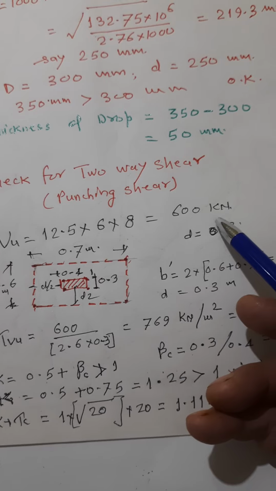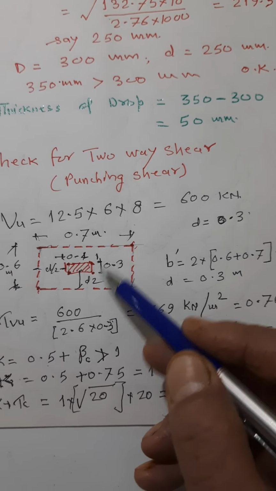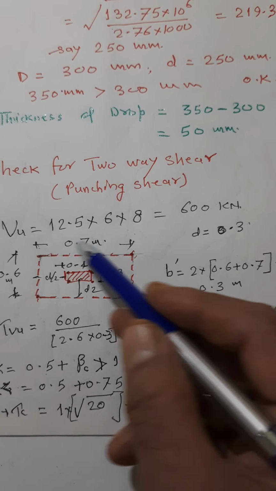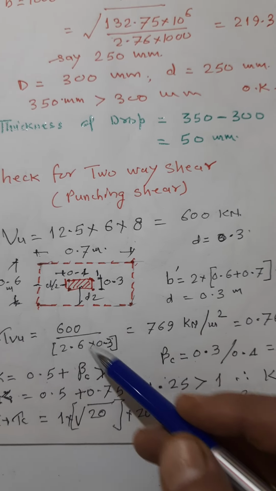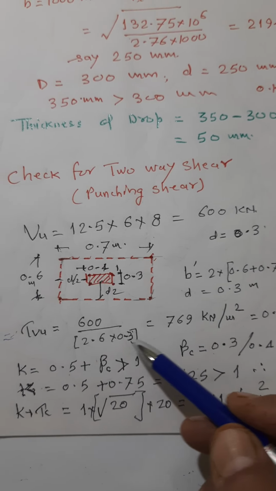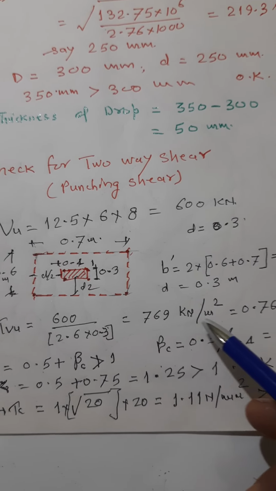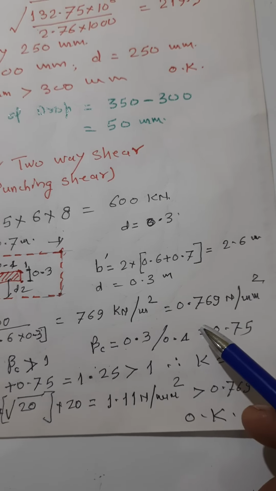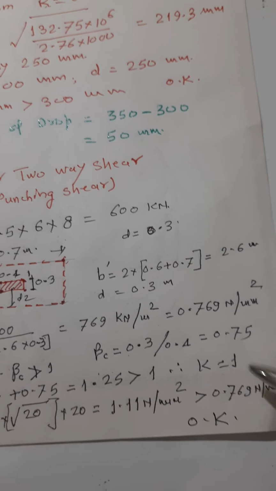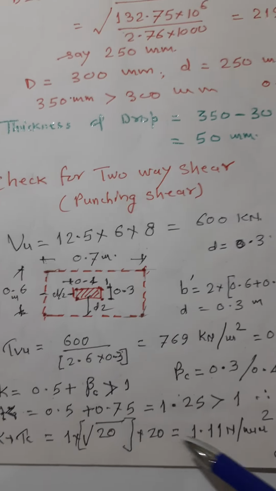It comes out to be 600. Then 600 divided by b dash d, where this is d by 2, this is also d by 2. We can find out this distance, add this one, and that will be the total b dash. So b dash multiplied by d gives tau V equal to 769 kN per meter square. Converting it into Newton per mm square, it will be 0.77.